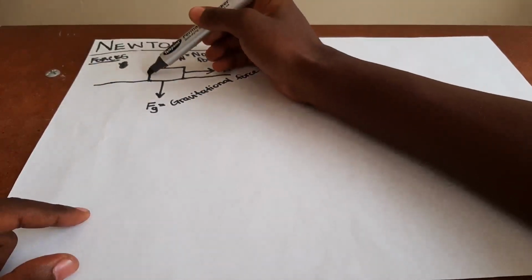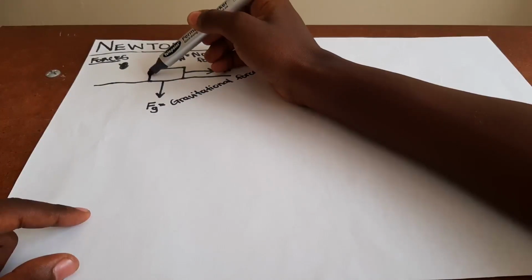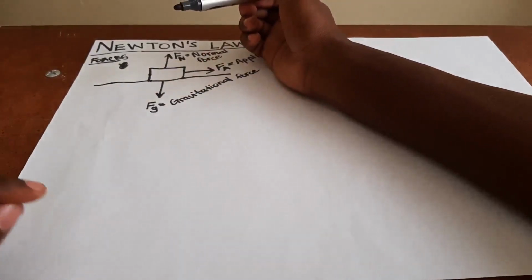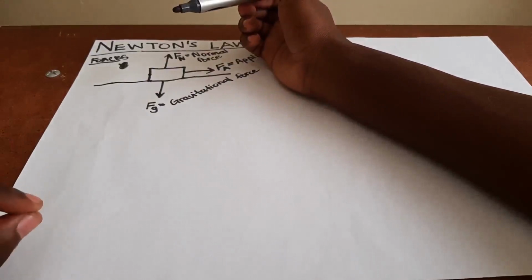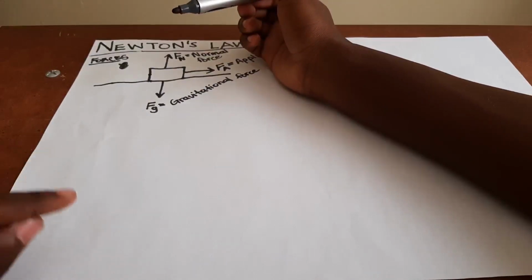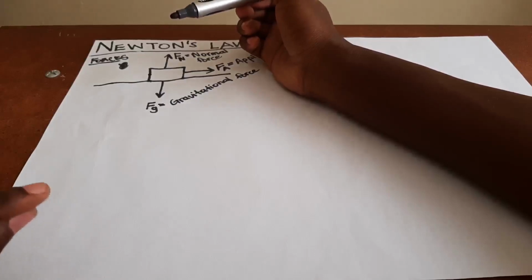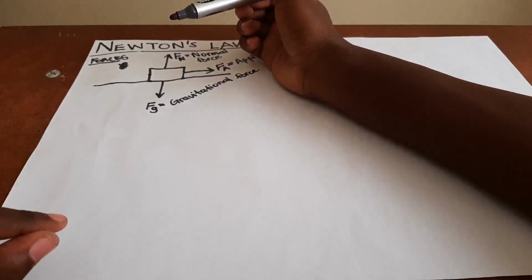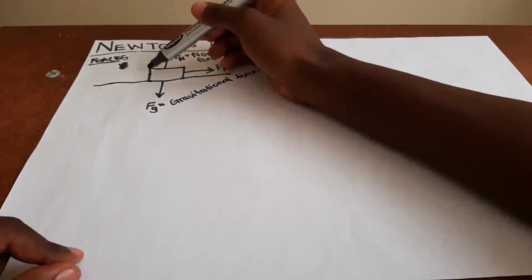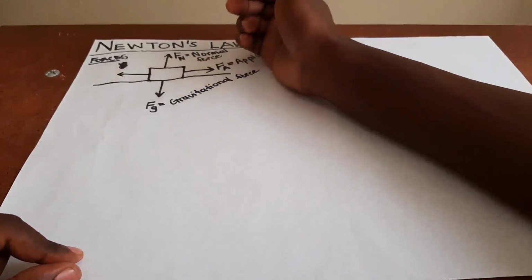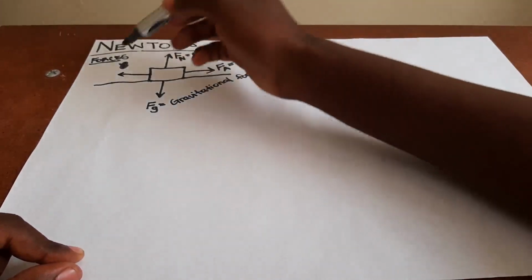So I also have a force that is called a frictional force. Mind you, a frictional force can be a static frictional force, or it can be a kinetic frictional force. I'm going to explain what happens when it's static and what happens when it's kinetic.